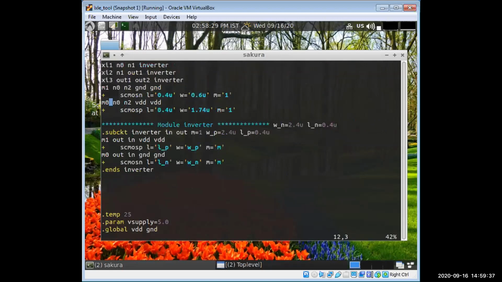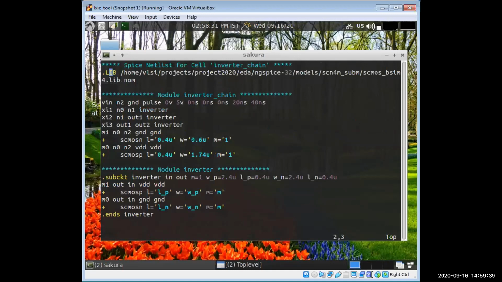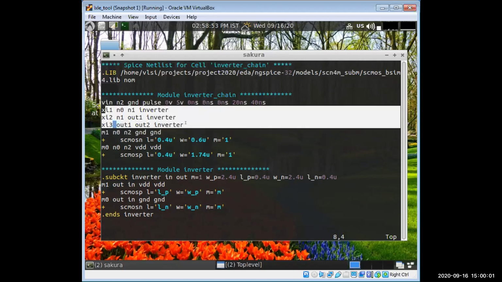Okay, you can see here I have specified the path. Then the Vin is the pulse voltage connected to node N2. Then all these are instantiations of this inverter, because in the schematic I have added those instantiations of the inverter. So that is actually an icon, and I'm using that icon, which is an instantiation. So I have instantiated 3 inverters, as I have mentioned here with the .subckt inverter.